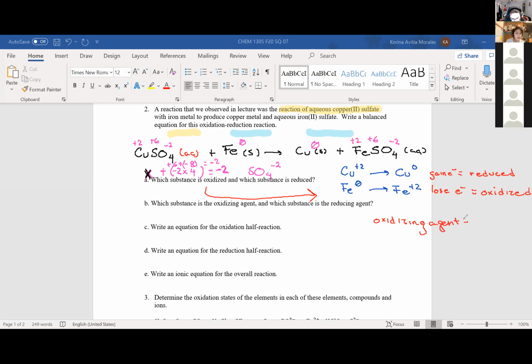So it's causing the other one to get oxidized. If it's causing oxidation rather than going through oxidation, which one is the oxidizing reagent? The one that gets oxidized or the one that gets reduced?